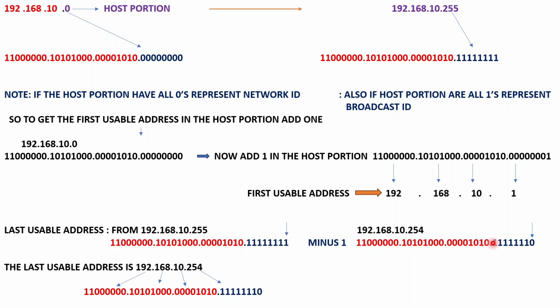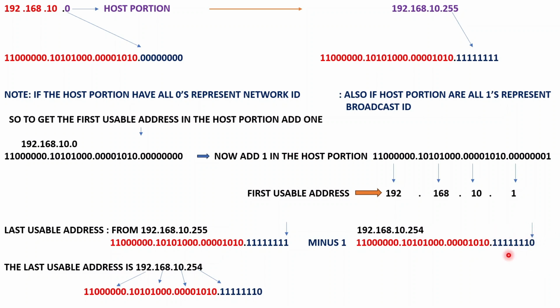So I'm going to get 11111110. So the last 1 is what I just minus 1, and I get 0. So therefore, this is going to be my last usable address in the network 192.168.10.0. So after subtracting one, you convert into a decimal number.